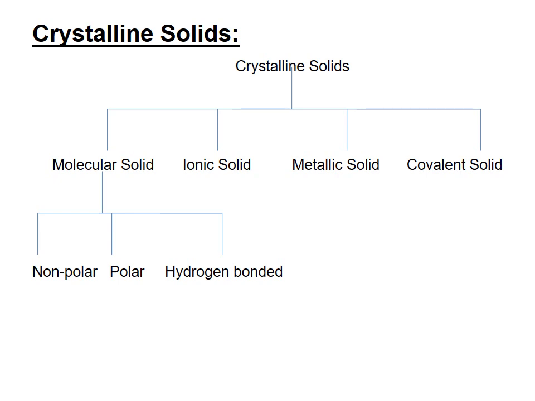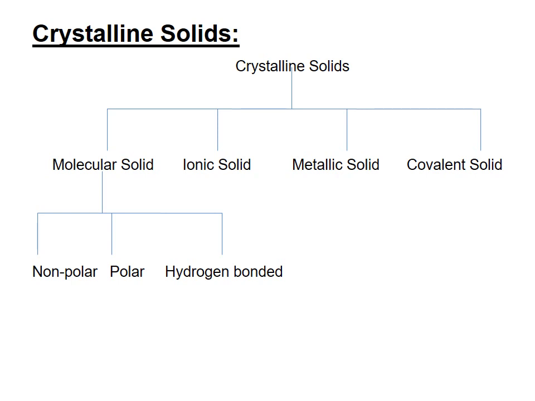No, these crystalline solids have different characteristics and properties when they are converted from gaseous or liquid state to solid form, or even when they are in their actual solid states.